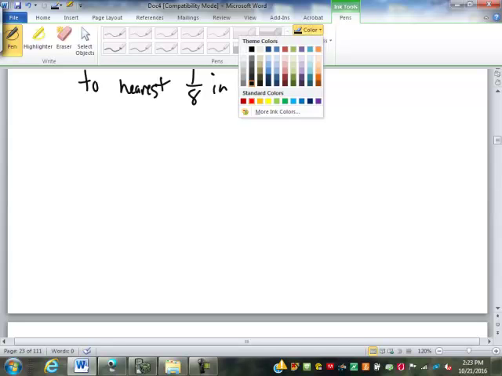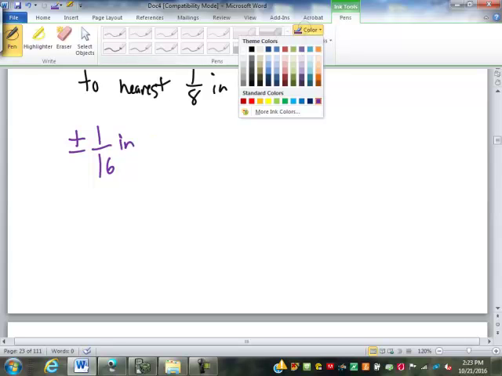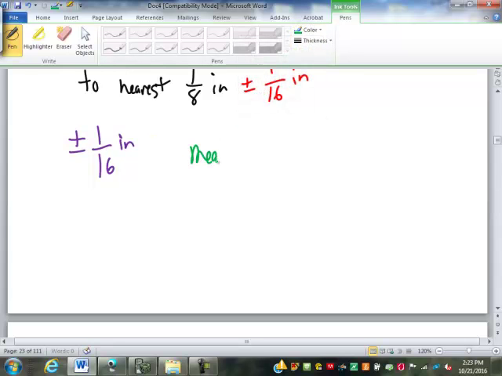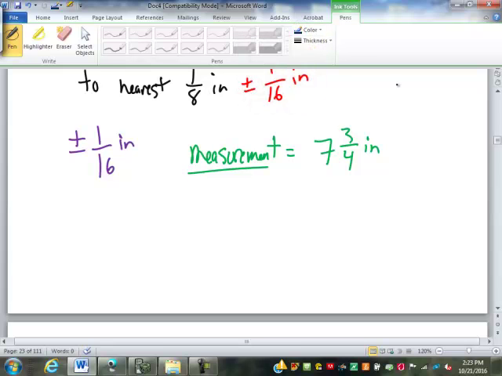So now let's take a look at what if we have a ruler with a plus or minus 1/16 of an inch, and we have a measurement of 7 3/4 inches. To find the range, the first thing we have to do is change this 3/4 into 16ths.